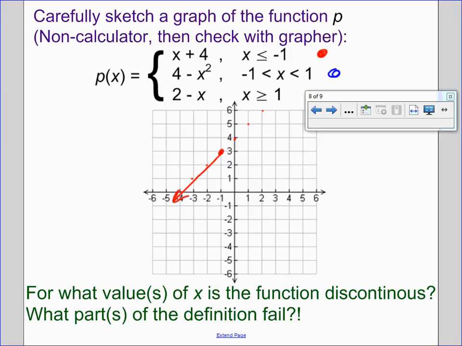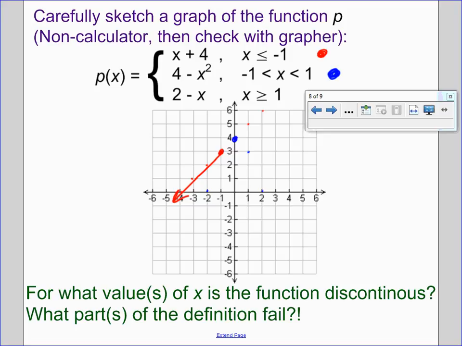Next, I'll do a blue piece. This middle section in blue is going to behave exactly like the upside down parabola, whose y-intercept is 4 and vertex is 0, 4. And so it looks to me like 0, 4 would fill in this point. It'd be an upside down parabola, out 1, down 1, out 2, down 4, out 3, down 9, because my growth factor, k, is just 1, so it behaves exactly like an upside down parabola in our parent function.